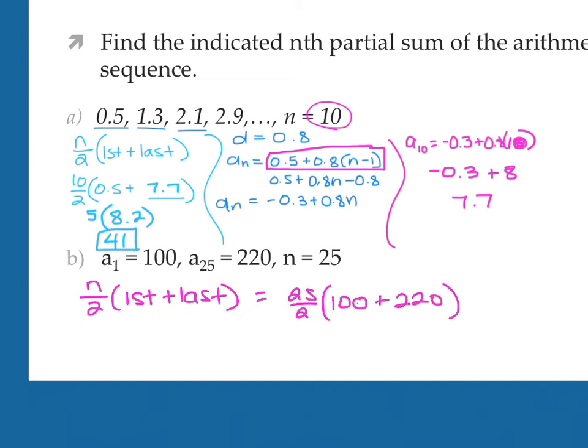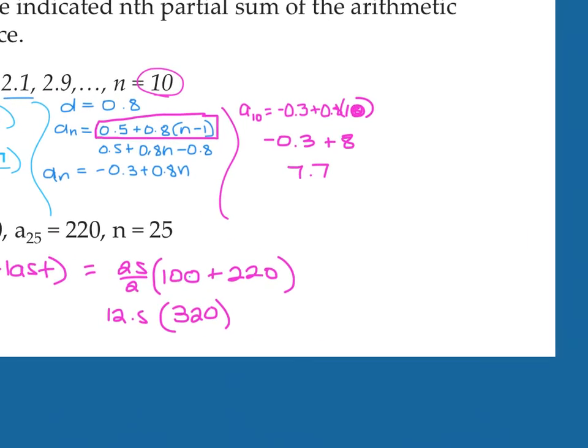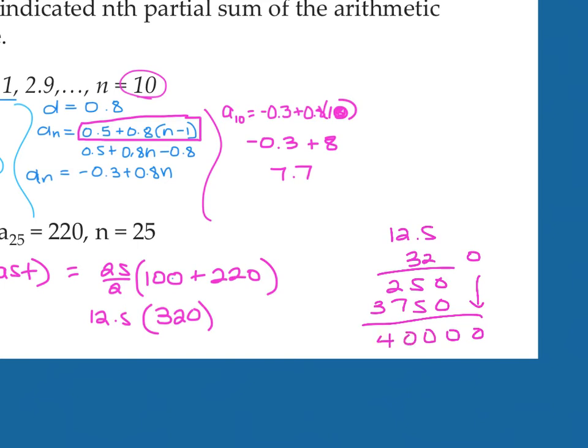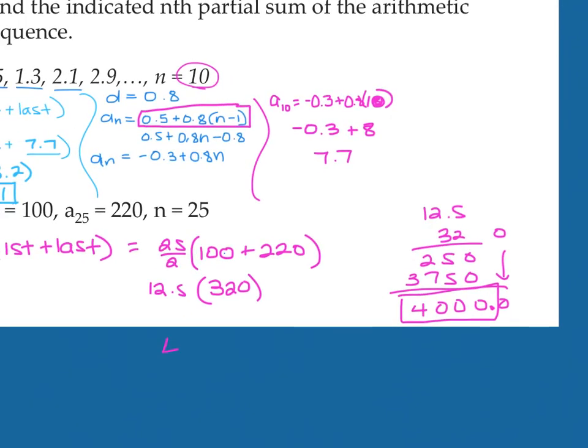So I already have everything I need this time. 12.5 times 320, which is 4,000.